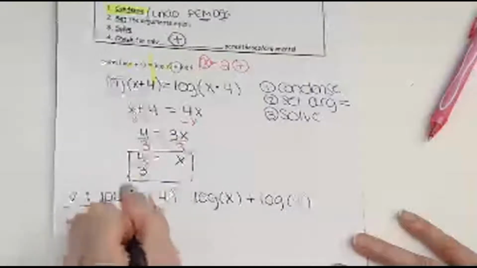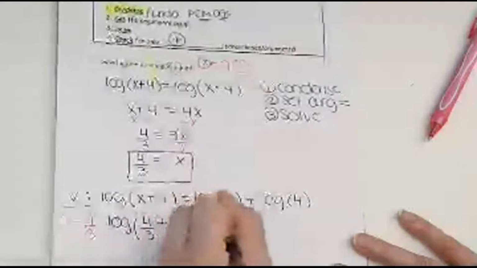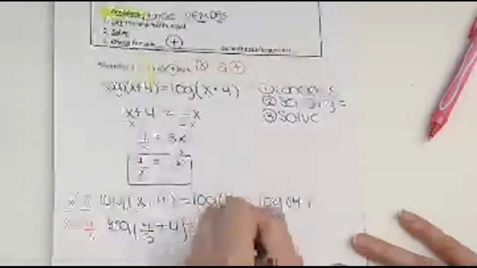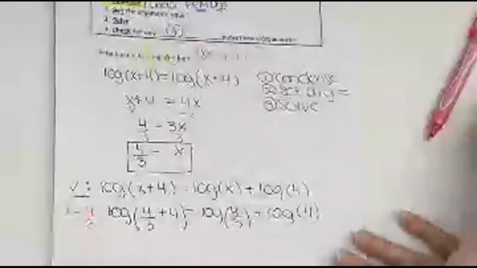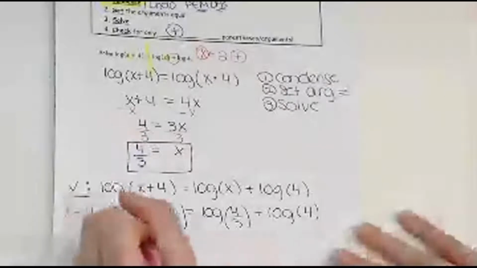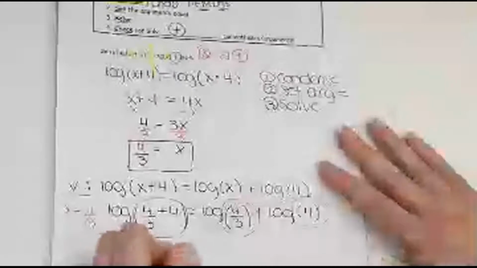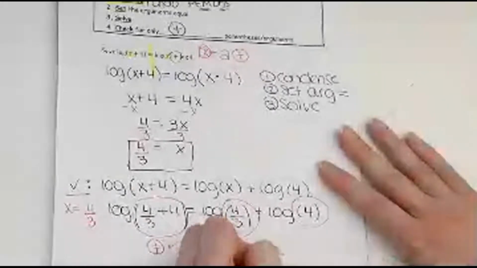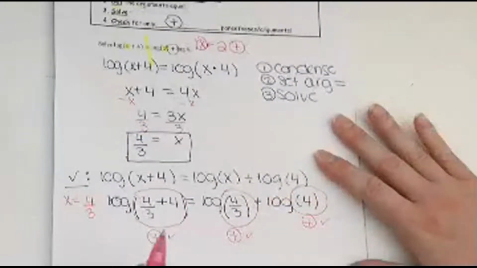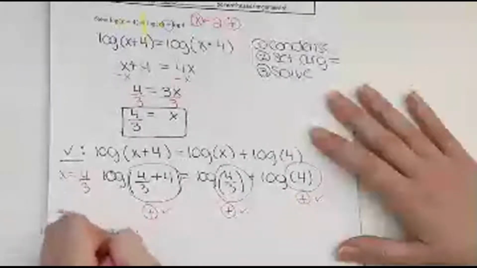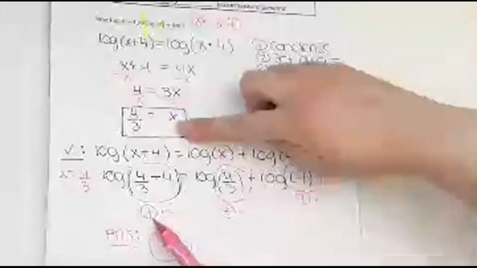So that will give us log of 4/3 plus 4 is equal to log of 4/3 plus log of 4. And all we're trying to check for is that these parentheses, these arguments, are positive. So we have a positive argument here, so that checks out. Positive here, that checks out. Positive here. And so that means that our final answer is going to be 4/3, that x is equal to 4/3, because that satisfies the domain restriction.